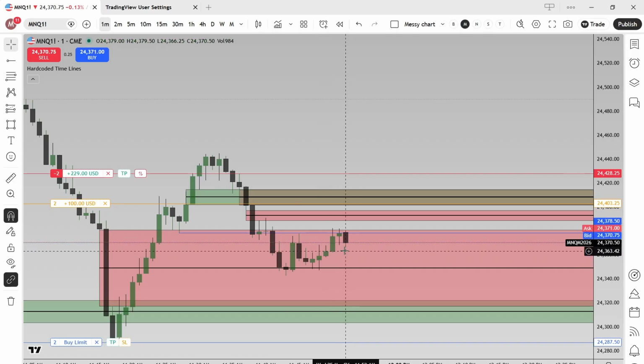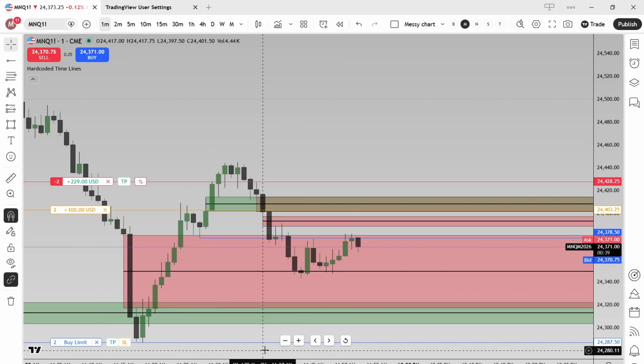If it can get heavy here, this draw is still likely. It's got to get real heavy.